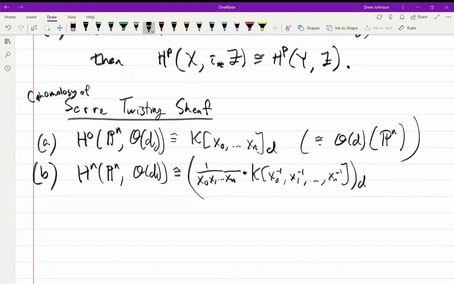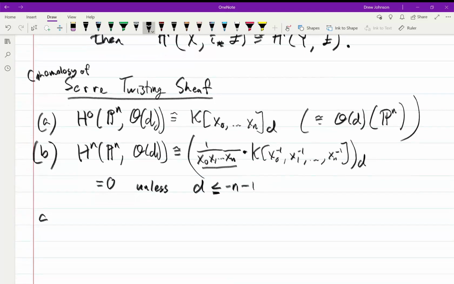In other words, d has to be negative, so it equals 0 unless d is less than or equal to minus n minus 1, because this piece here already has degree negative n minus 1, so to have any hope of sections, you need d to be negative.